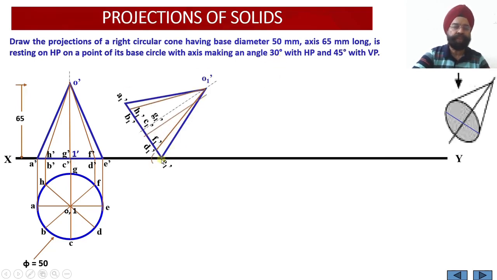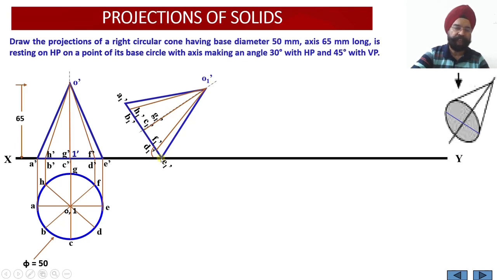So to begin with, we are going to shift this figure number 2 to figure number 3, that is, rotation or translation will be done such that it is shifted in this orientation, so that the cone will be resting on the point E dash of its base on the horizontal plane. Now let us see how we have gone about shifting this figure from this location to this location.